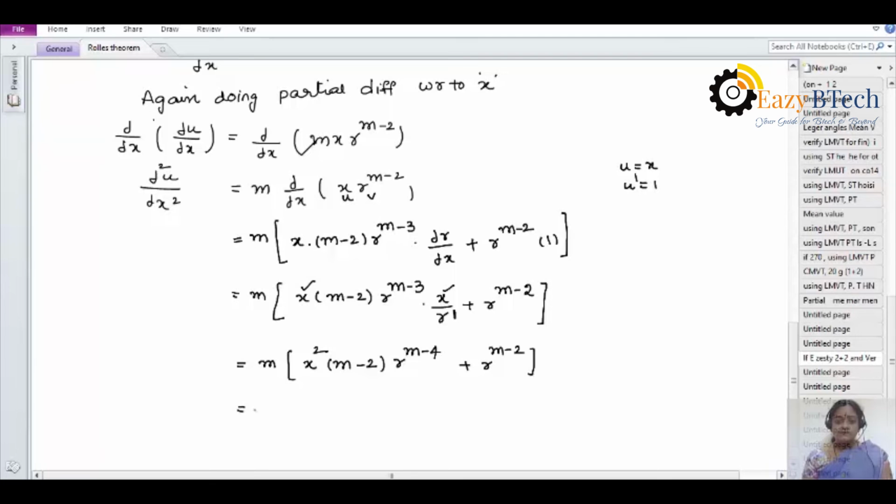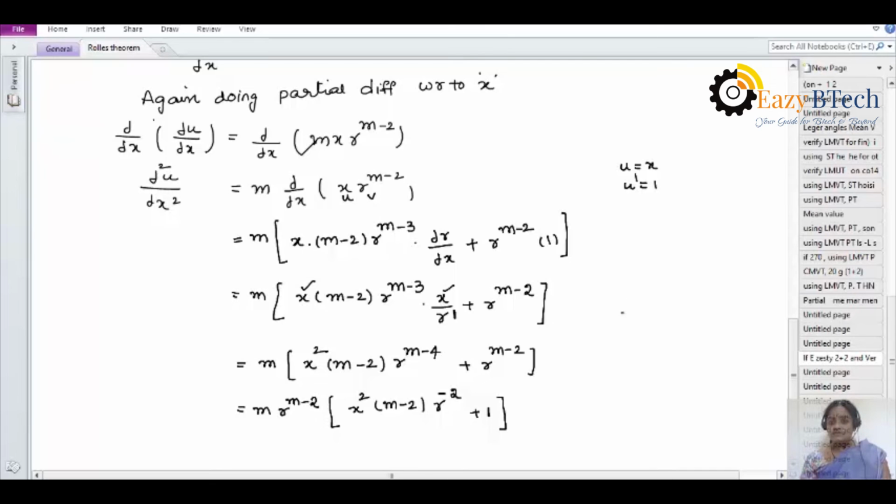So now making r power m minus 2 common. In the first term, making r power m minus 2 common, and then x square into m minus 2, and again r power m minus 2 common, the remaining answer is r power minus 2 plus 1.